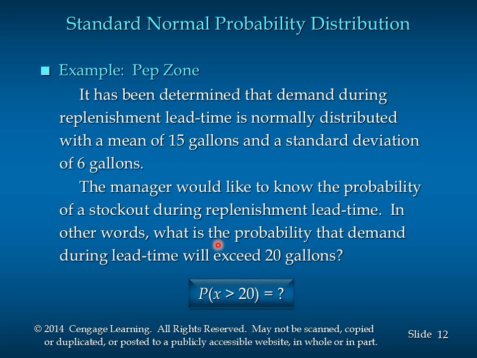And I'm trying to find the area under the curve at greater than 20. Now the good news is we know that the whole thing is 1.0. We already determined that, right? 5 minutes ago.